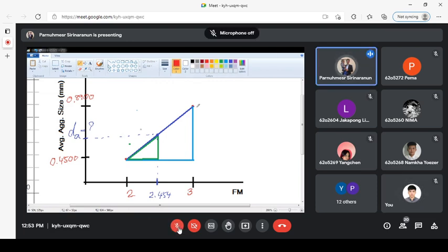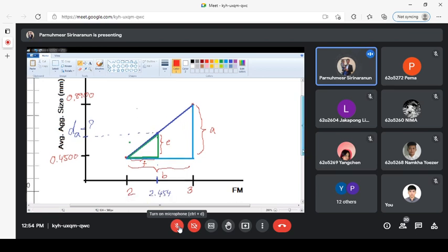Yes. Okay, I assign this side length A, this side B, for this side the length I define as E, and this side should be F. Clear? This is the length of each side of the triangle shape.